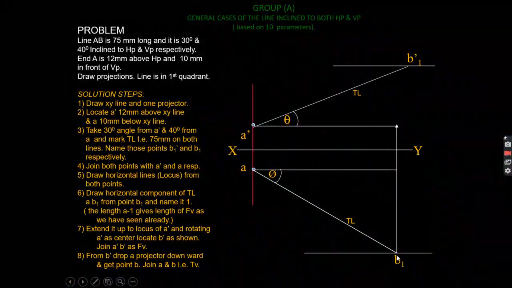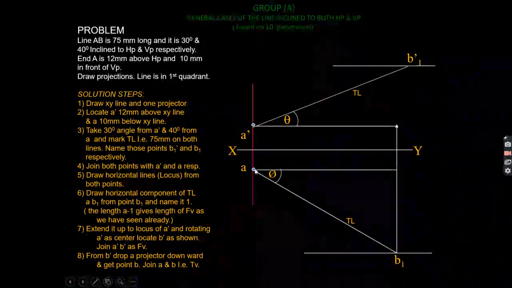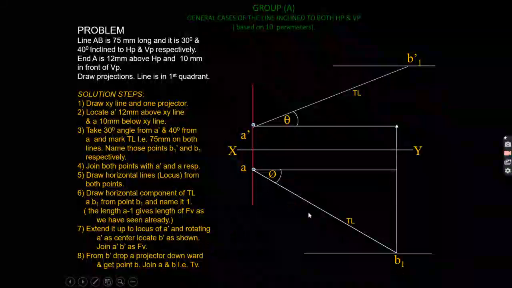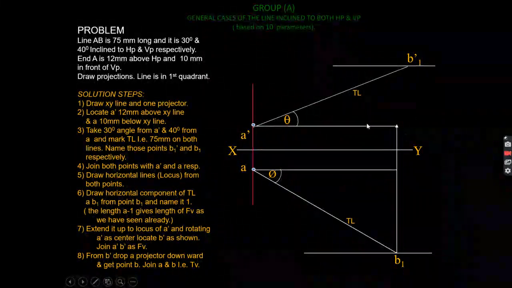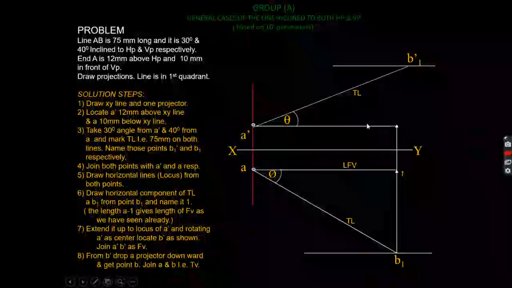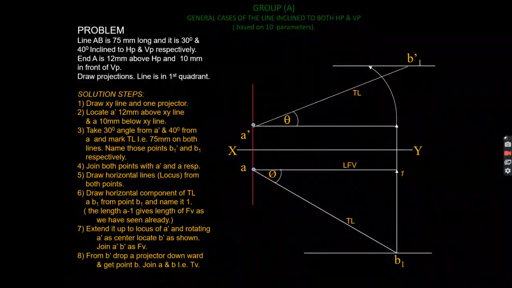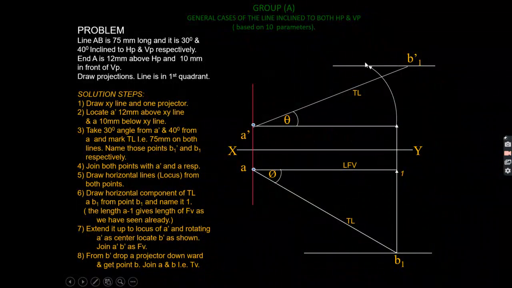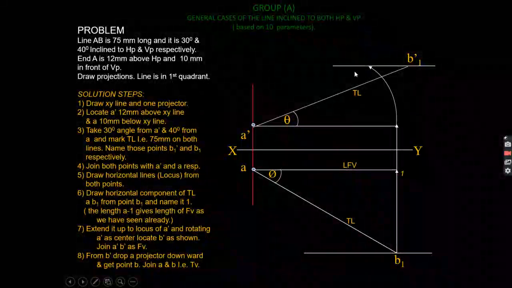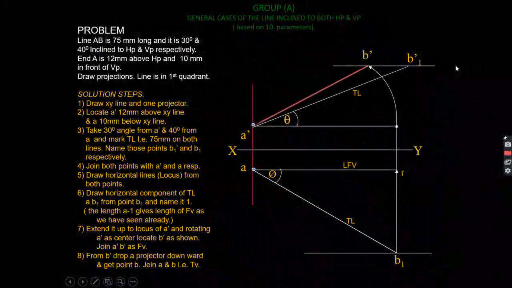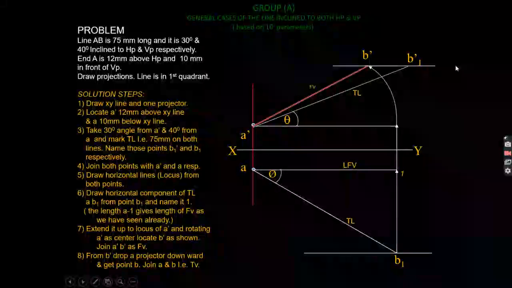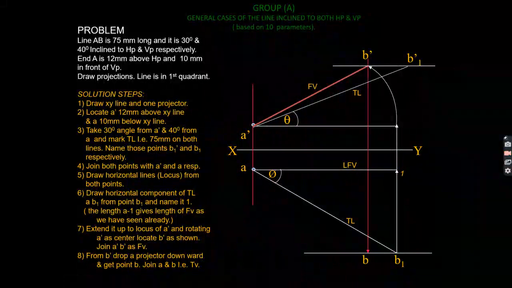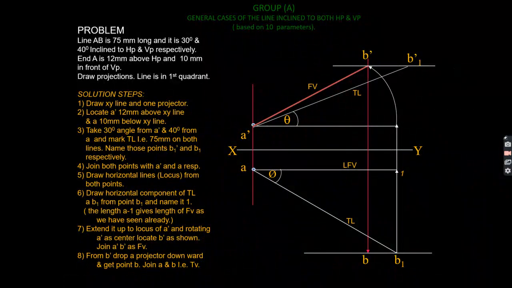Then I am drawing the front view of line AB when the line is only inclined to the vertical plane. Then I will get the length of the front view, and I will mark that length on this horizontal line to get the final position of point B on the front view, and this is how you will get the top view of point B.